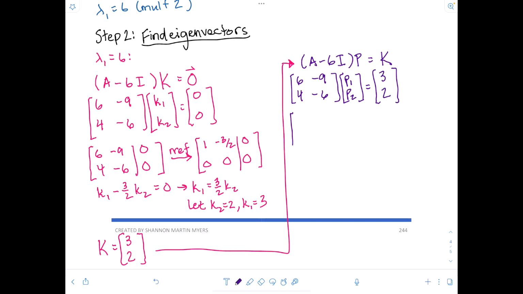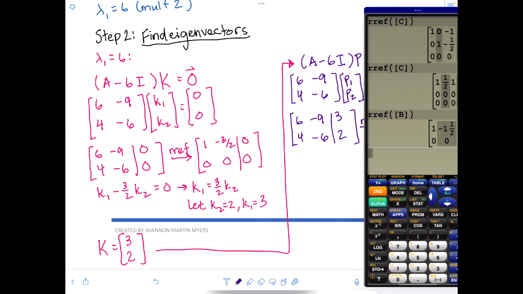So setting up our augmented system, augmented matrix. Instead of zeros at the end, we have our 3 and our 2. And our RREF of that will give us, so coming back, this one will be faster.